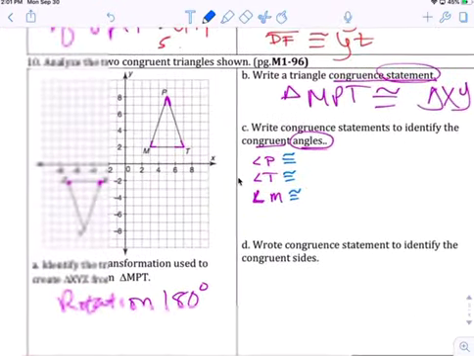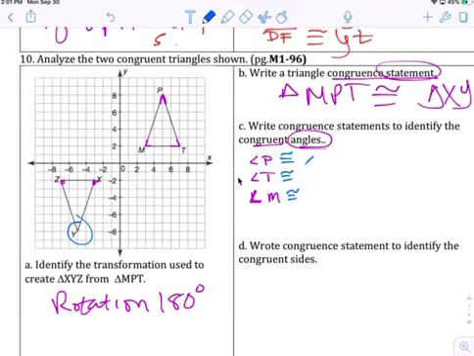Okay, which one's same as P? Angle Y. Which one's same as M? M is angle X. And then T is Z.